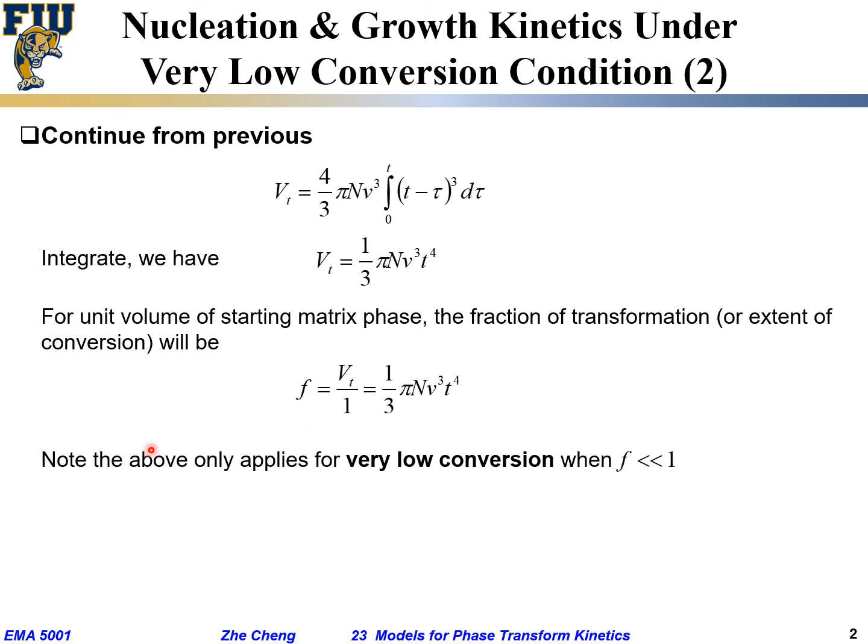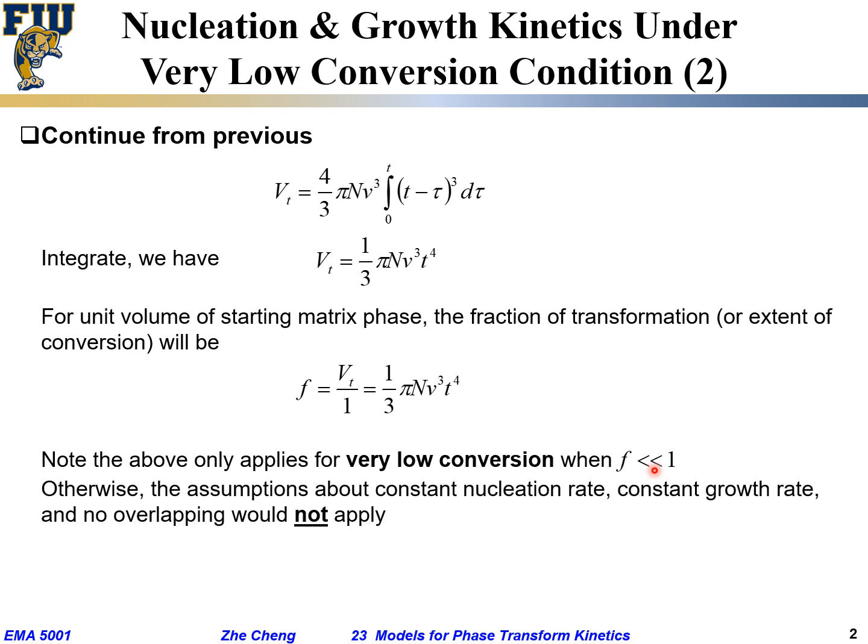And one note about this equation is that it only applies for, read to yourself, very low extent of conversion. Very low extent of conversion. When this f value is much smaller than 1. How small? Let's say it's 0.01 or 1%. Or 0.05 or 5%. Okay?